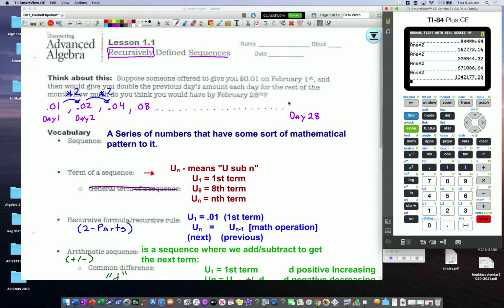Isn't that crazy? You would have $1,342,177 and 28 cents. That's the amount you get on just that day. That doesn't count all the amounts prior to it, which would be this amount minus a penny.